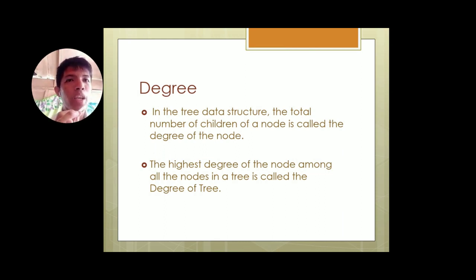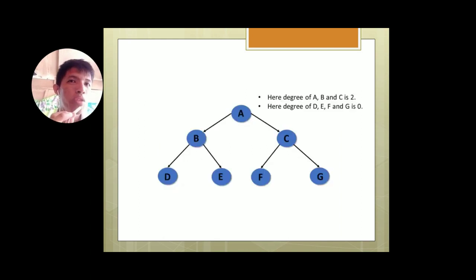So degree is the number of children. A has a degree of 2, B and C, B has D and E, and C has F and G. The degree of D, E, F, and G is 0 because no node follows them.